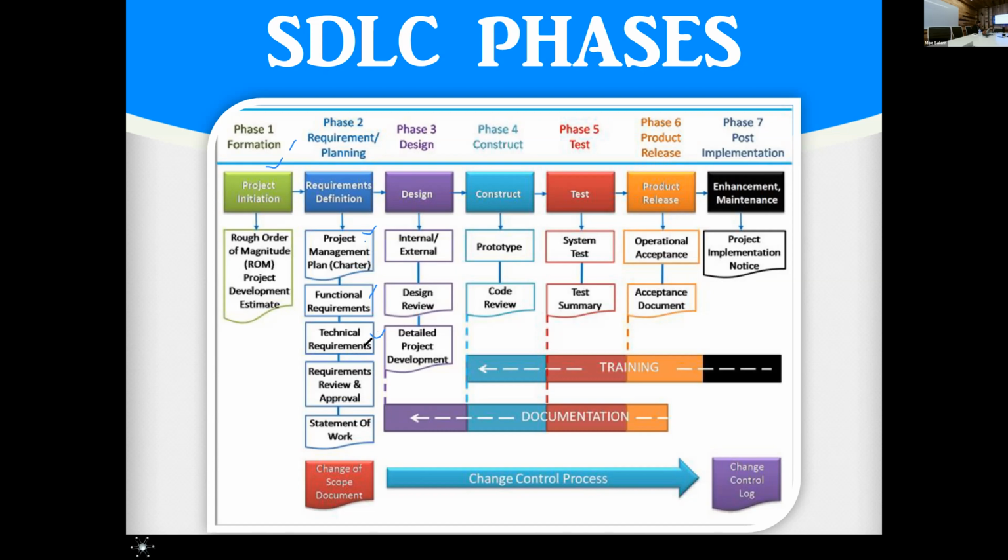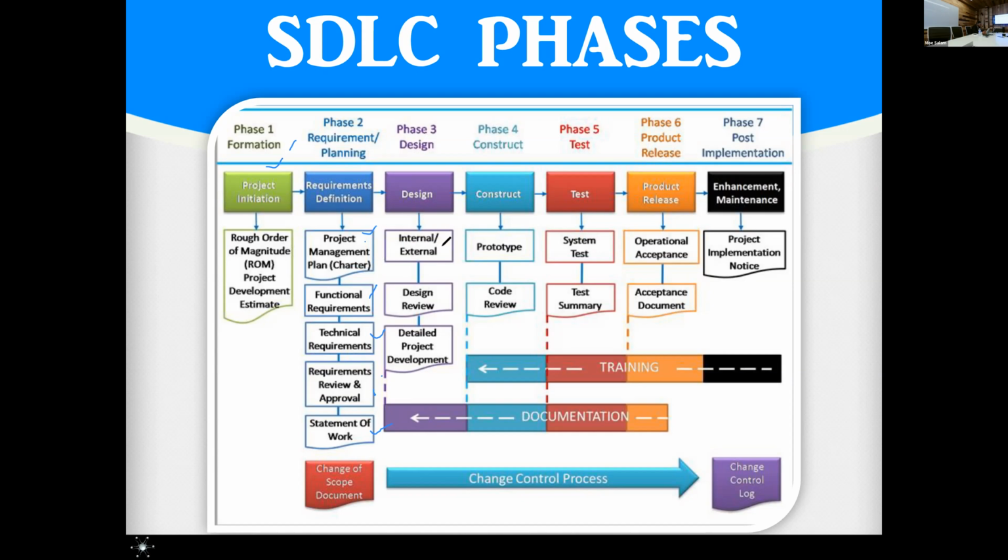Remember, solution architect. There's the requirement review and approval phase in requirement definition. The statement of work, called SOW. If somebody asks what the SOW is, you should know it's the statement of work. They'll also ask what's your project management plan right now, what are you guys working on?